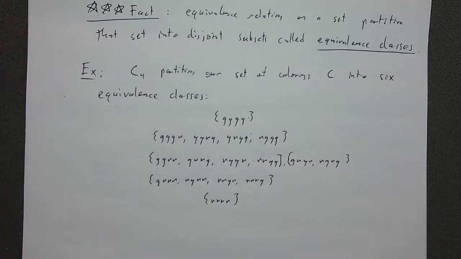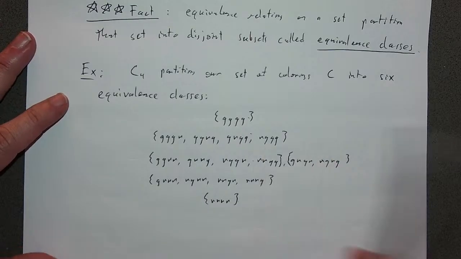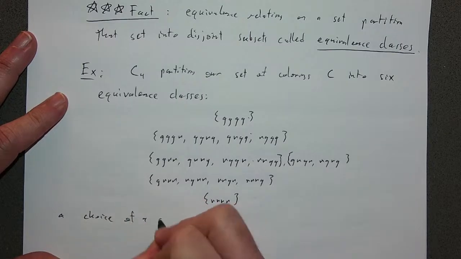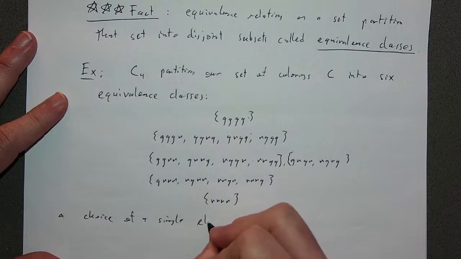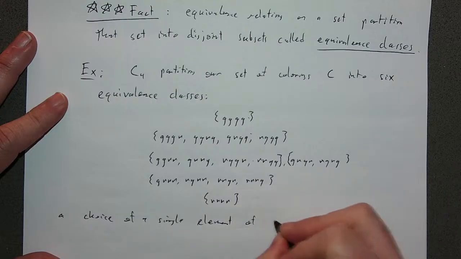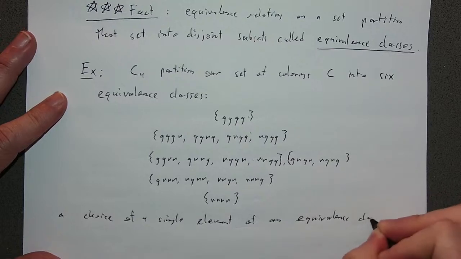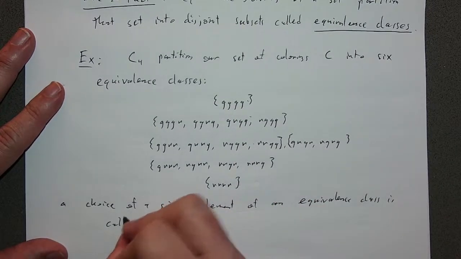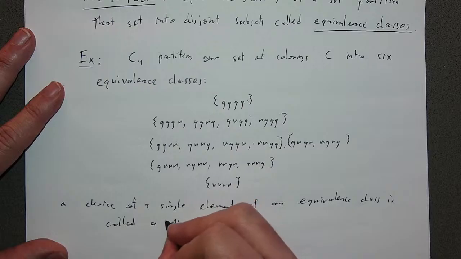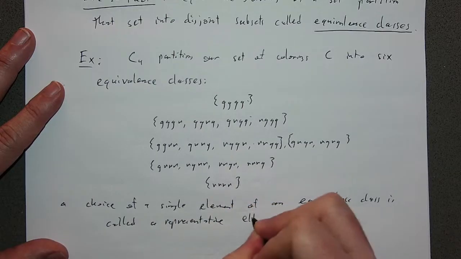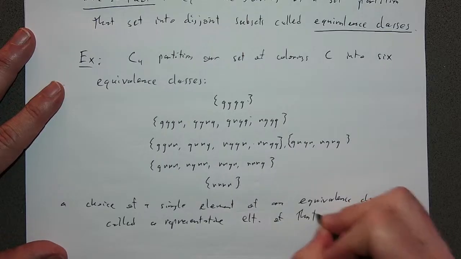6 total equivalence classes. Each thing within each class is equivalent to everything else in that class. A choice of a single element of an equivalence class is called a representative element of that class.